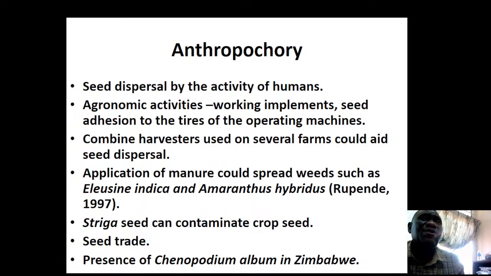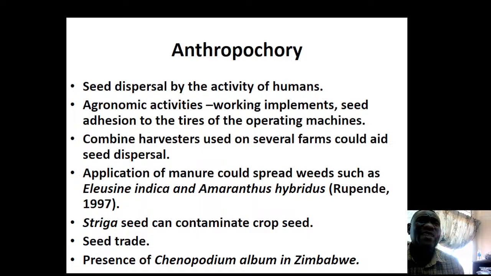Now, application of manure could spread weeds, such as Eleusine indica and Amaranthus hybridus. This was reported by Rupende in 1997.